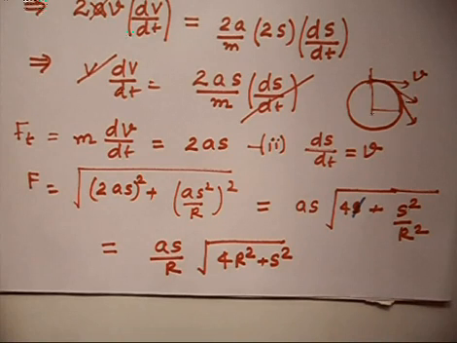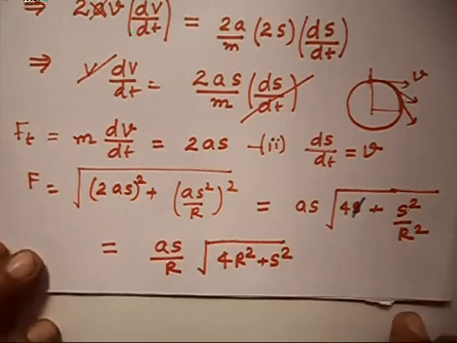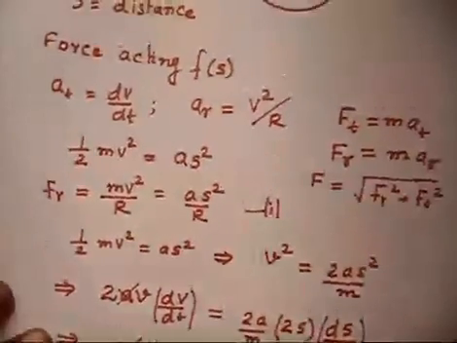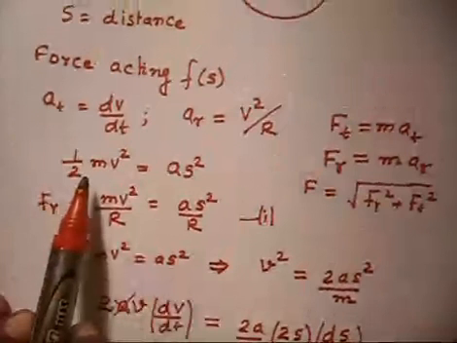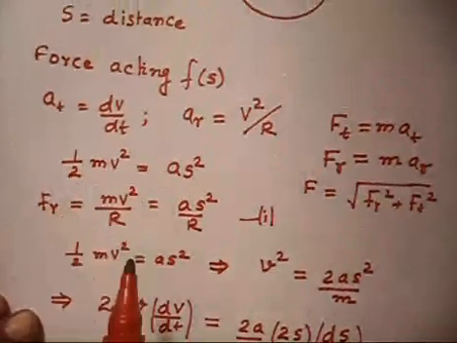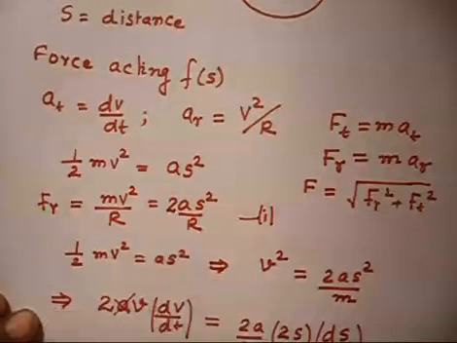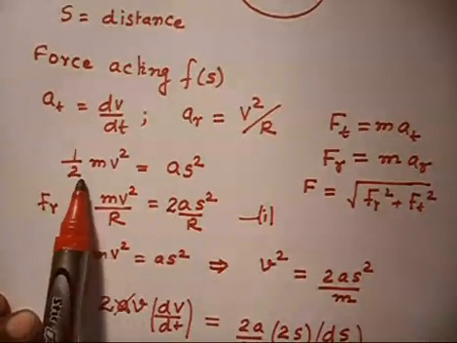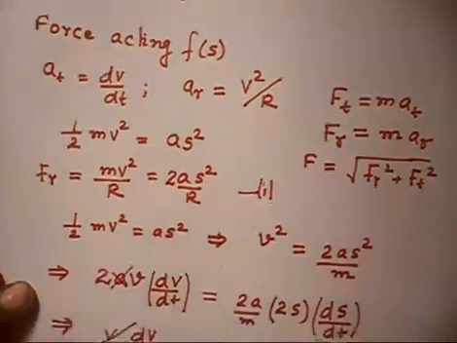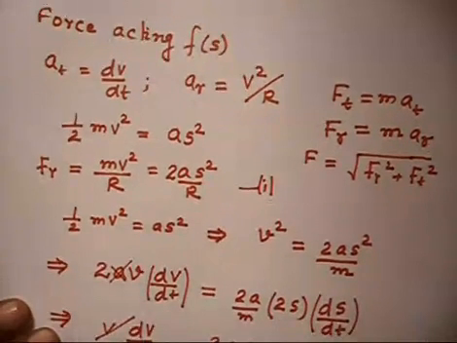Whether I have missed a 2, let us check. So I have missed it here. You see, mv square by r is nothing but, so I have to multiply this by 2 here. You see, half mv square is as square, so mv square is equal to 2as square. So I have missed a 2.